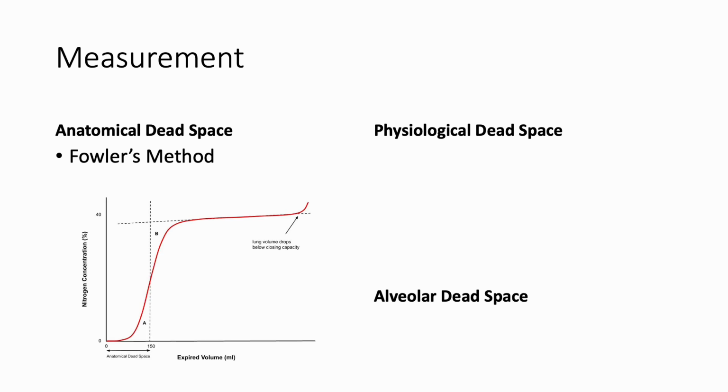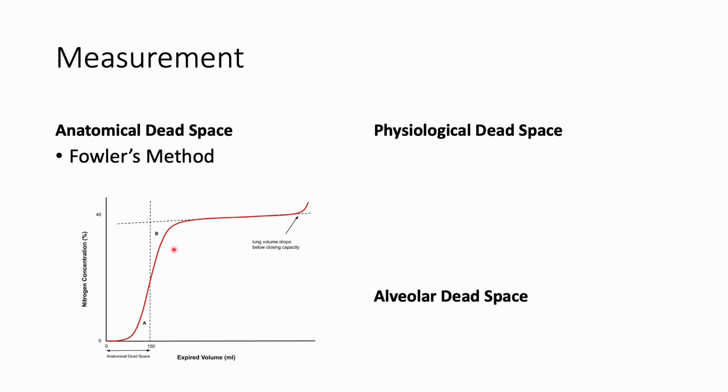And this is why on expiration, when nitrogen concentration is plotted against expired volume, we get a resultant trace that is very similar to the volumetric capnography graph, where phase 2 represents the transition between anatomical dead space gas and alveolar gas, and phase 2 is sloped for exactly the same reasons.